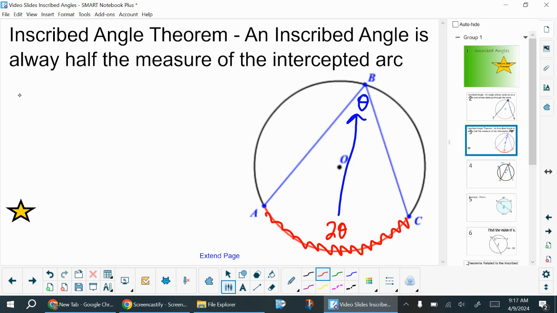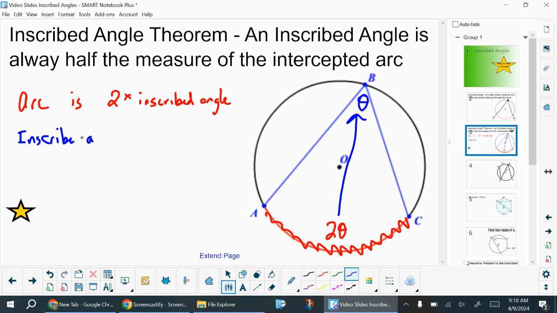We can either write that the arc is 2 times the inscribed angle, or we could write it the other way around and say the inscribed angle is half the arc.